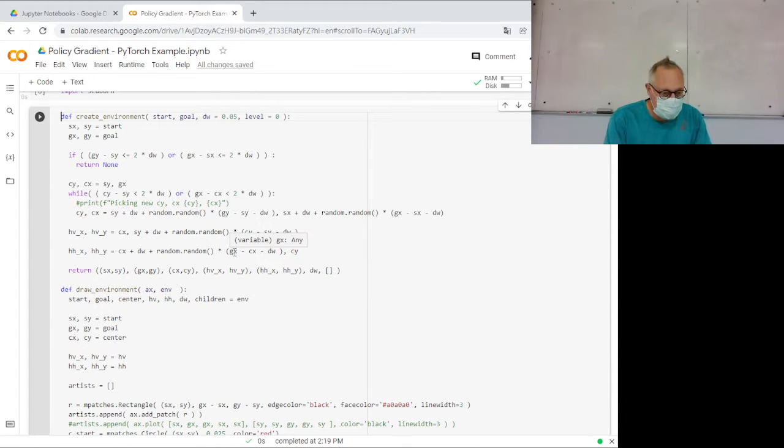Looking at the domains that we have investigated so far, we started out with tabular approaches where our entire environment could be represented using a table, either of the value function or Q values.